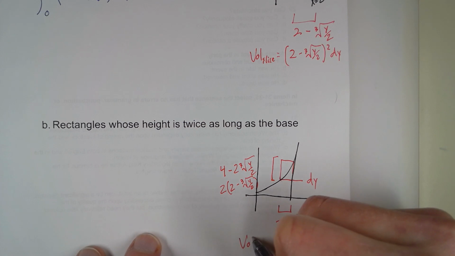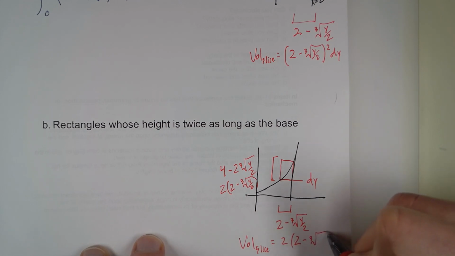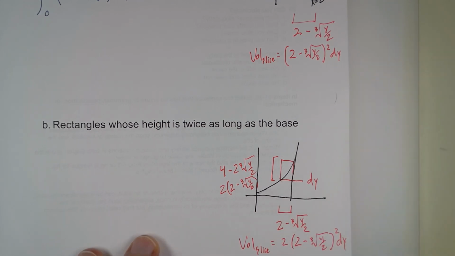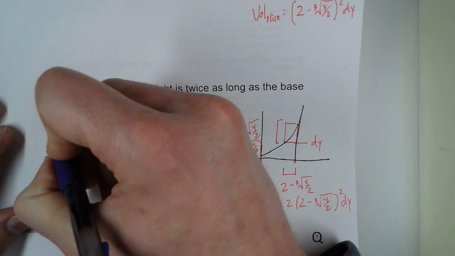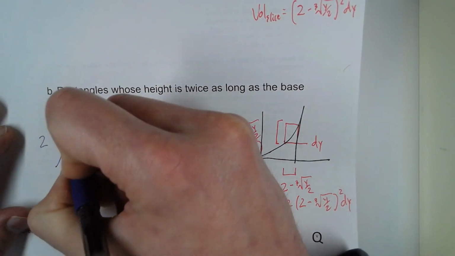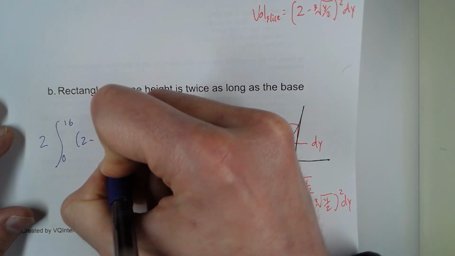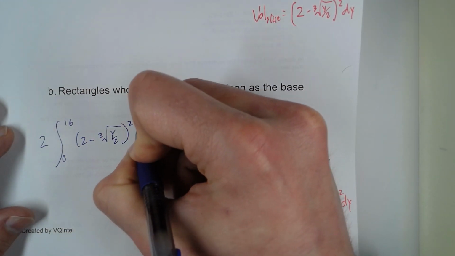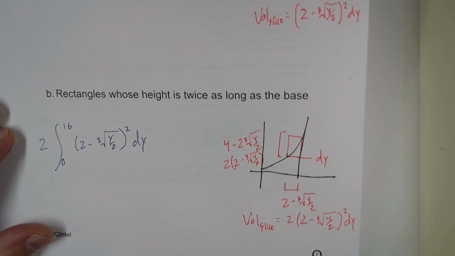So that when we write the volume of the slice, we get 2 times 2 minus the cube root of y over 2, squared, dy. And so our integral puts the 2 out front, 0 to 16, of 2 minus the cube root of y over 2, squared, dy. And so there's our integral.